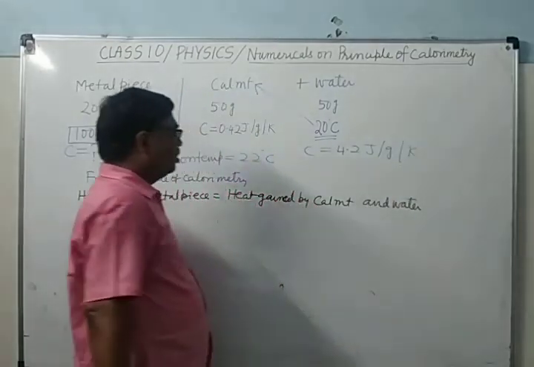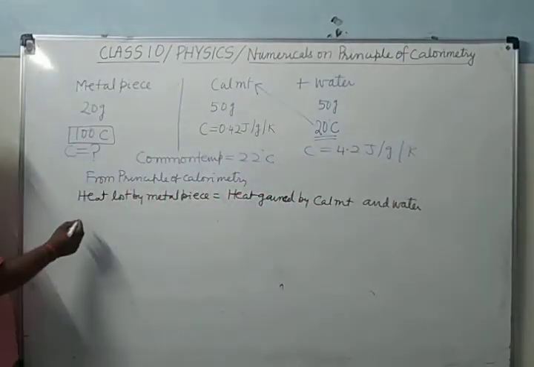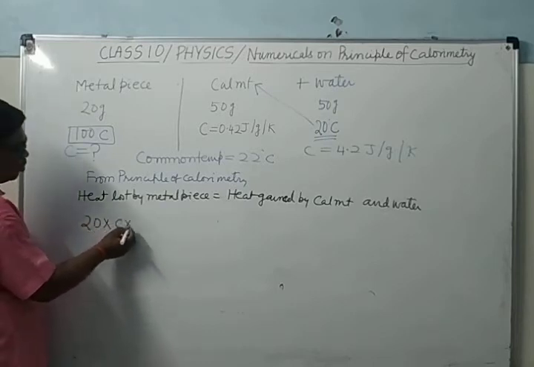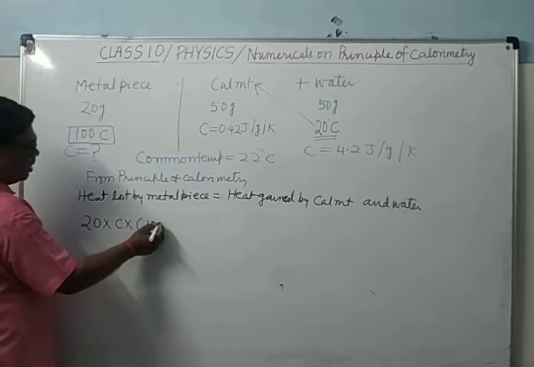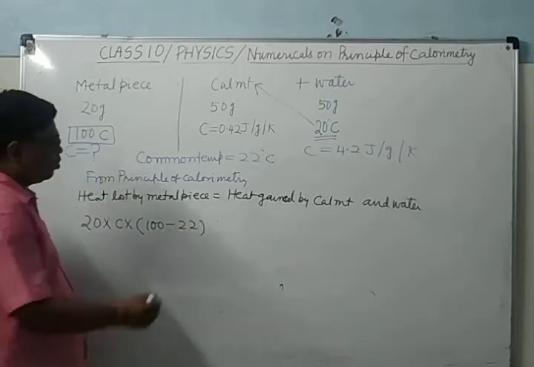You can see here, what is the heat lost by metal piece? M into C into delta T. M is given 20, C you have to determine, delta T is 100 minus 22, initial 100, final 22.